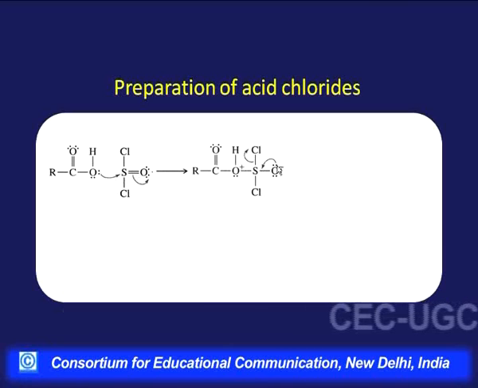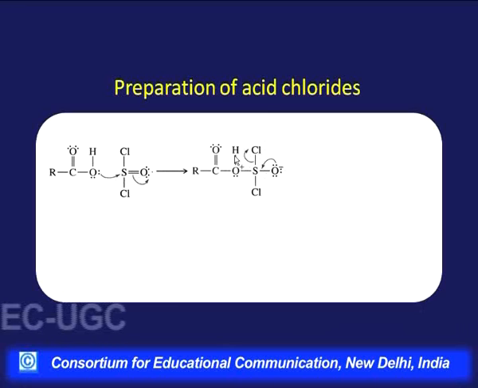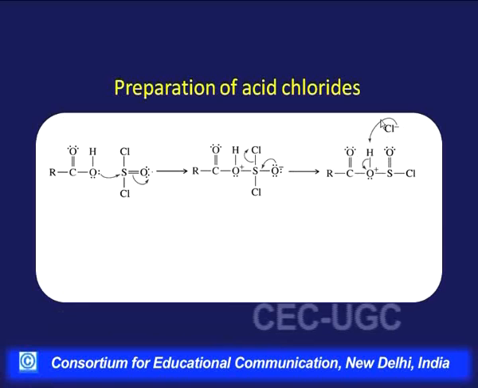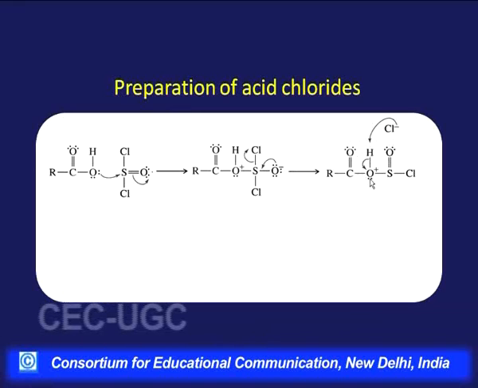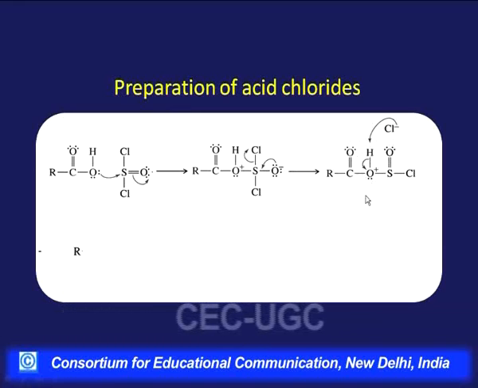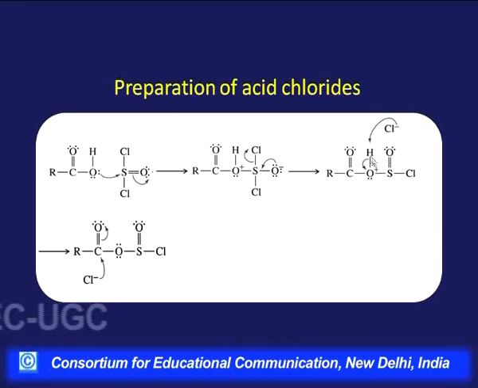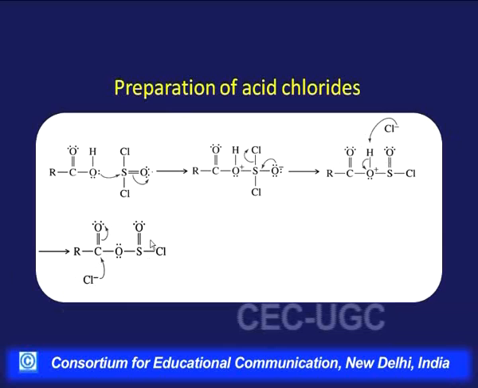Then when this electron pair comes back, one of the chlorines is lost, and while chlorine is going away, it takes away this hydrogen. So, this can go as HCl, and this pair of electrons comes back to oxygen. Then in the next step, a chloride ion, maybe from the reaction mixture that has been lost as HCl, or it may be the chlorine of the same molecule itself.